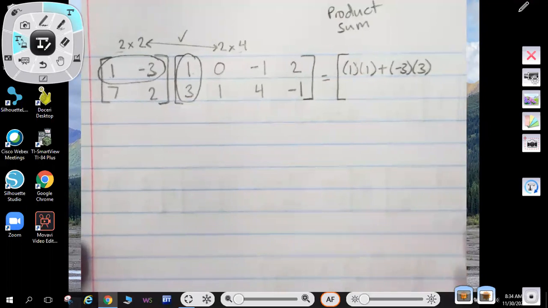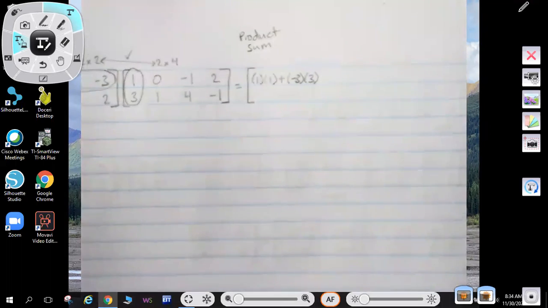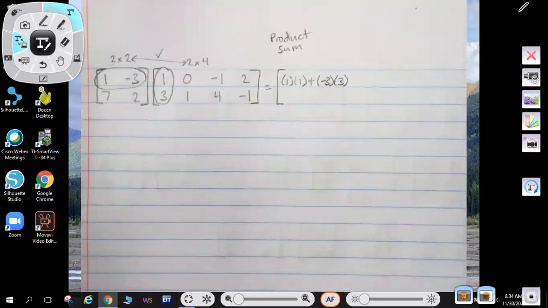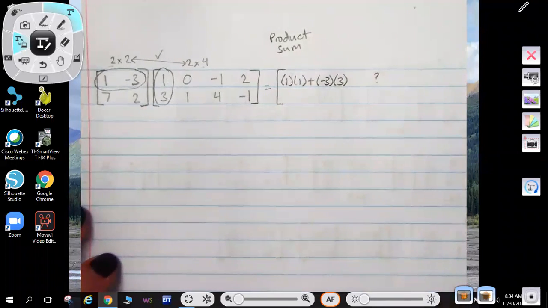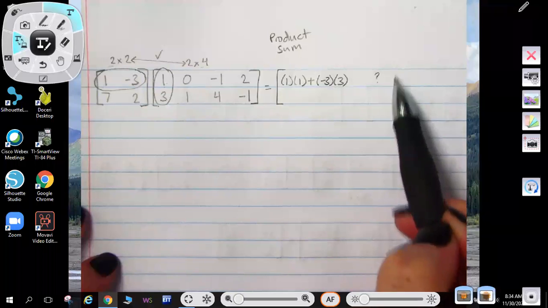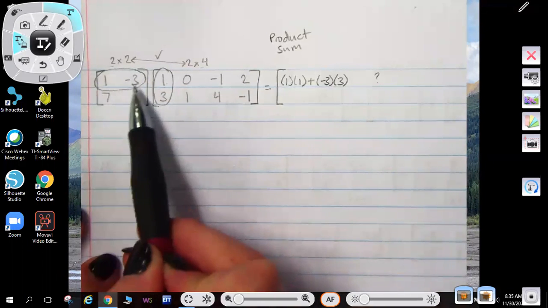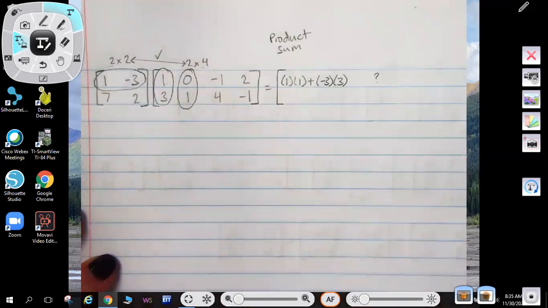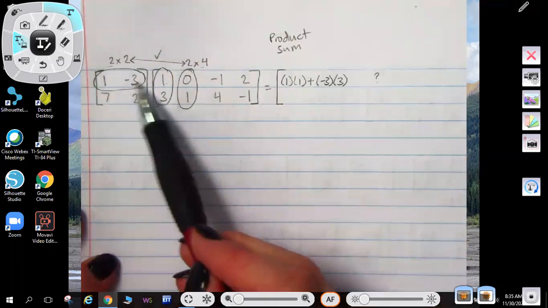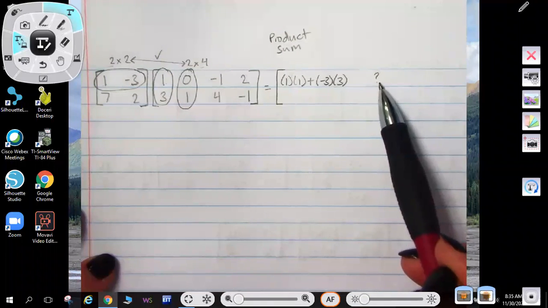Okay, so let's move on. We're going to stay in the first row, but I want to know what number goes in the first row, second column. So we're still using this first row from our first matrix, but now we're going to use the second column in the second matrix. So first row, second column, which is what this position is in our answer.